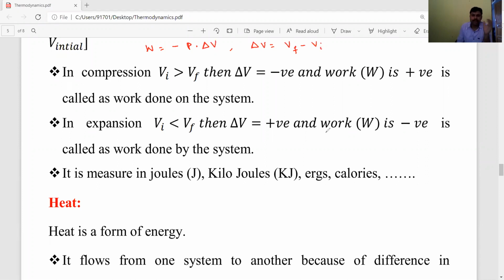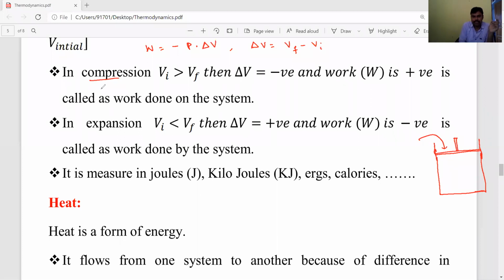Now you have to imagine the compression of a system. Take one piston, a closed system. This system is completely closed, without gravitational force, containing one piston. This is the piston. During compression we are using some external pressure.